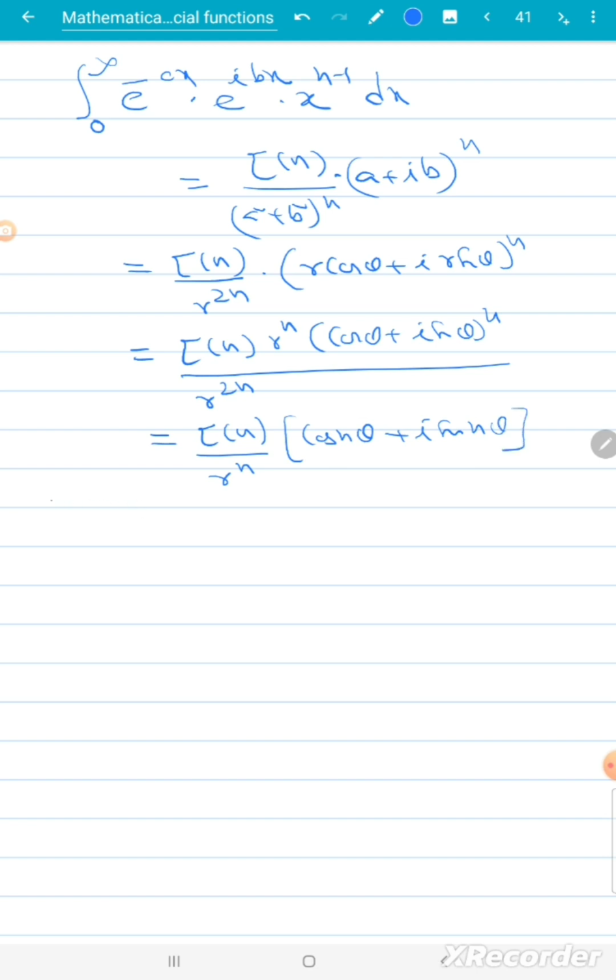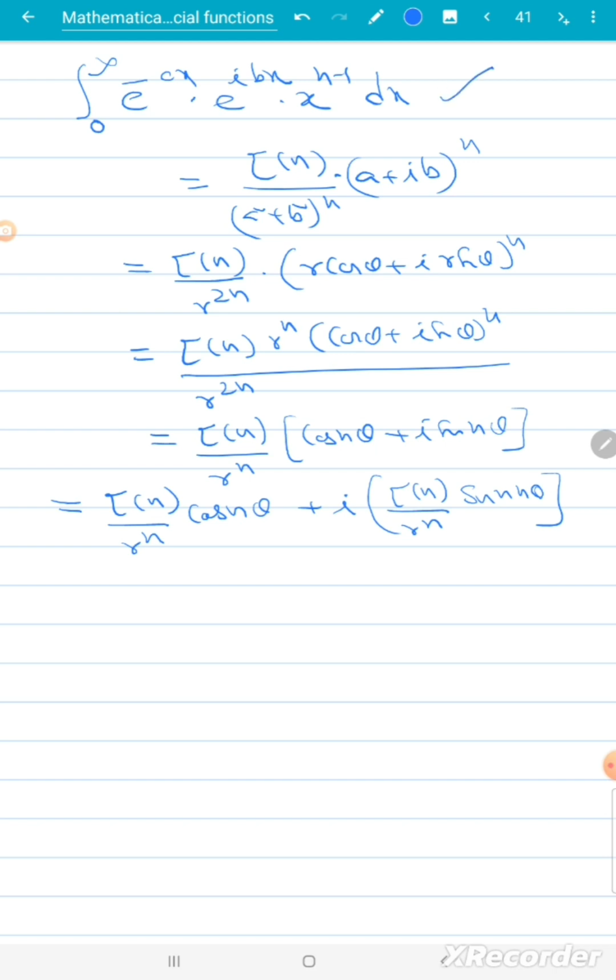Now I would like to divide this into two parts, real and imaginary parts. So gamma of n by r to the power of n into cos n theta is the real part, and I into gamma of n by r to the power of n into sin n theta is the imaginary part.